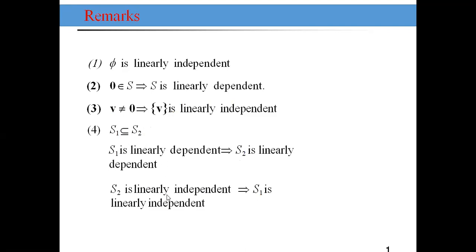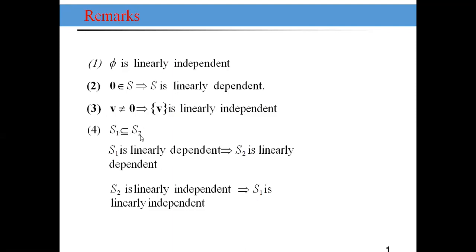The above theorems can be written concisely like this. The empty set is always a linearly independent set. If a set of vectors S contains the zero vector, then S is linearly dependent. If v is a single non-zero vector, it always forms a linearly independent set.